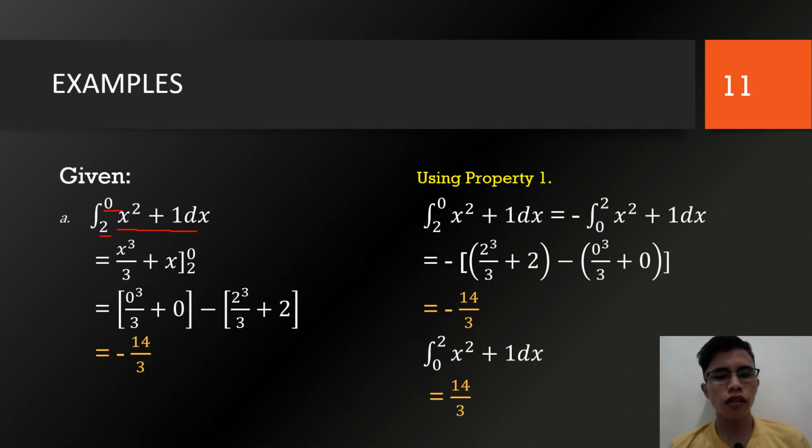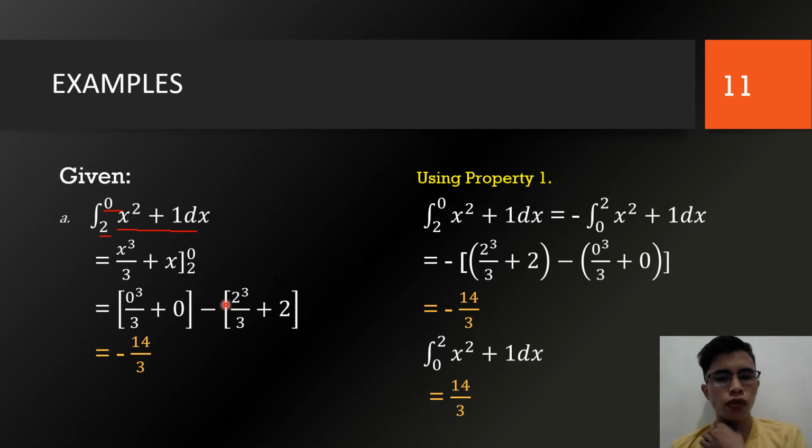So first, di ba, sinasubstitute muna natin yung value ng upper limit. So substituting the value of upper limit which is 0, so you have 0 all over 3 plus the value of x which is 0, minus, sa lower limit naman, substituting the value of the lower limit which is 2. So we have x which is equal to 2.